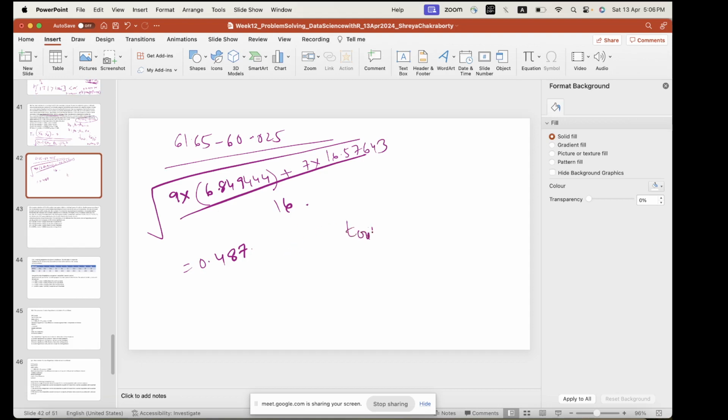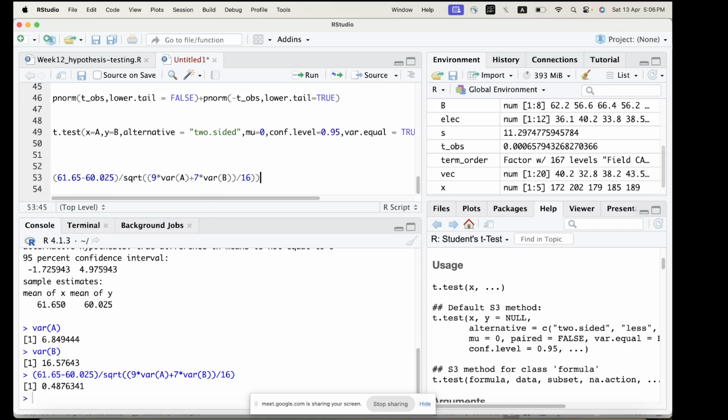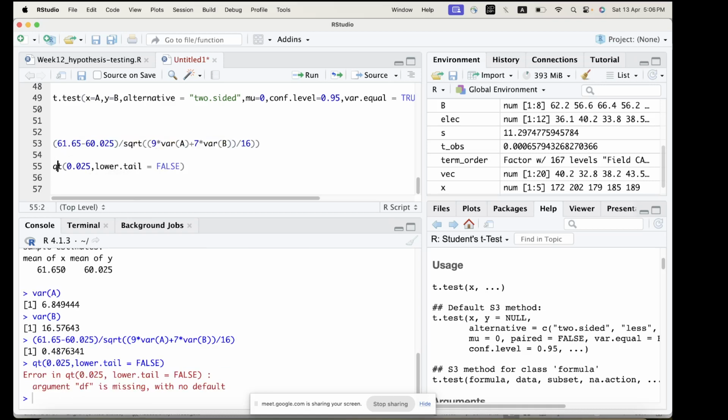And then T critical is how much? T critical would be qt(0.025, lower.tail equal to false), and df is how much? df is 16.